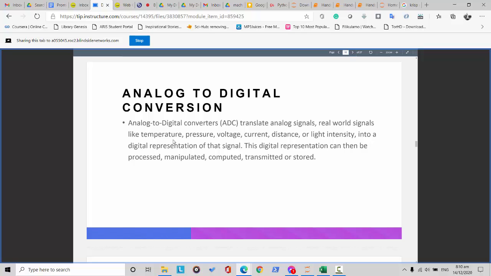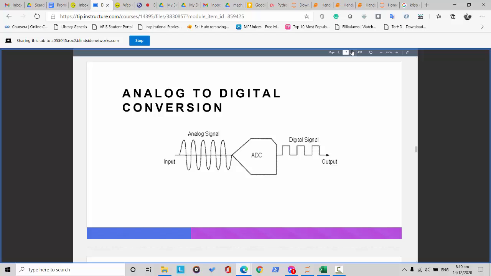This digital representation can then be processed, manipulated, computed, transmitted, or stored. So this is a sample of an analog to digital conversion. We have the analog signal here, and we have the circuit here to produce a digital signal output.